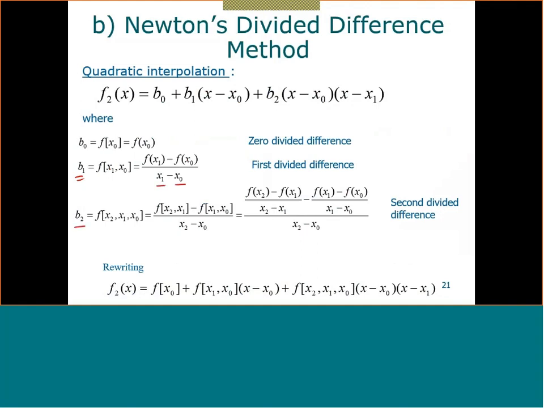Now, B2 is a function of the three points, x0, x1, and x of 2, and it is f of x2, x of 1 minus f of x of 1, x of 0 divided by x of 2 minus x of 0, and I will put it in that format. So this is nothing but this, and this is nothing but this. The square bracket is just to write it in a different format, instead of a normal bracket, just to distinguish it. That's all. There is nothing else here.